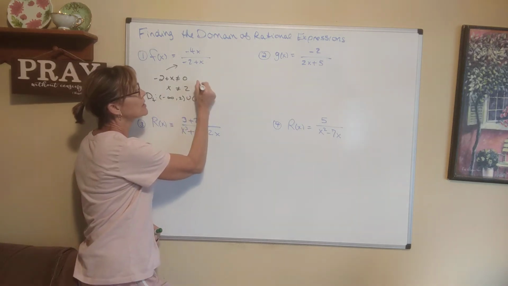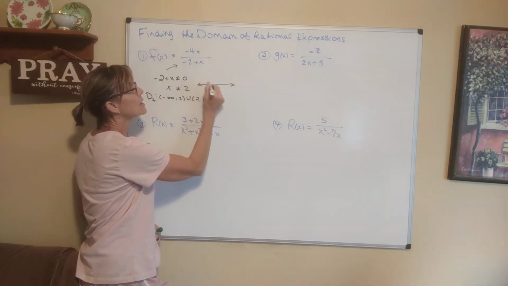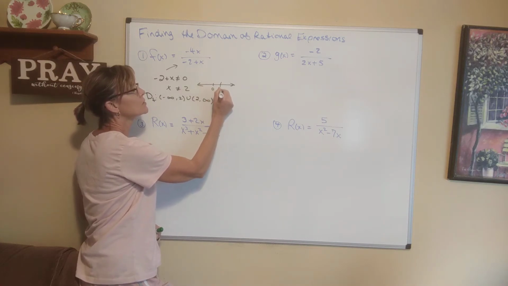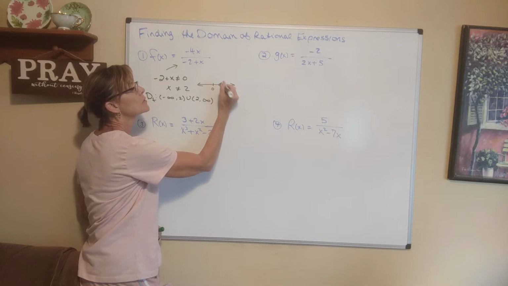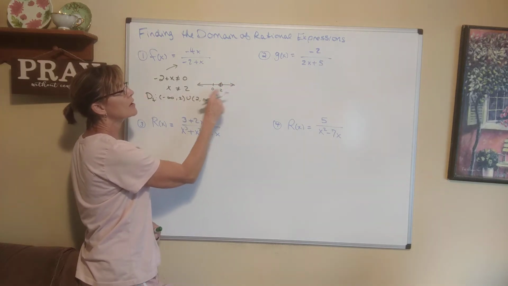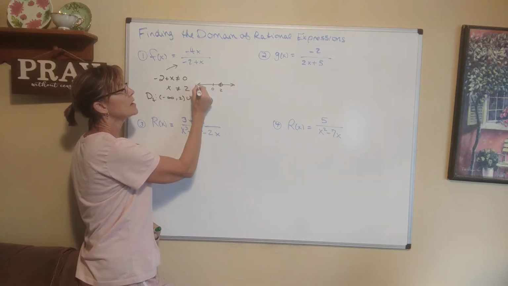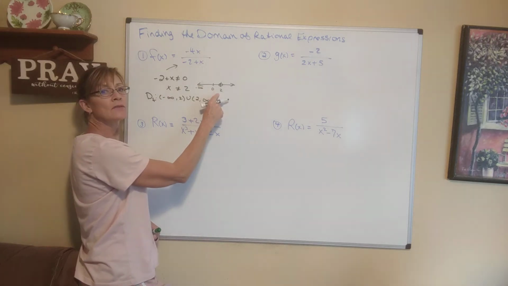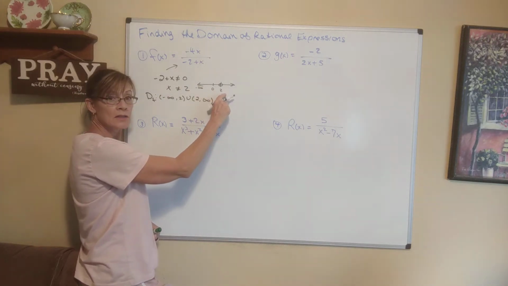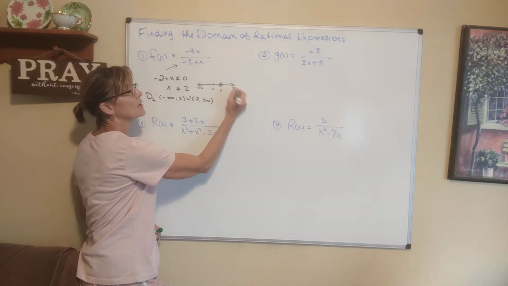You can think of it on a number line: here's 0, and here's 2. There's like an open circle on 2. It means every value except 2, from negative infinity all the way up to the left side of 2, and then once we get on the right side of 2, all the way to positive infinity.